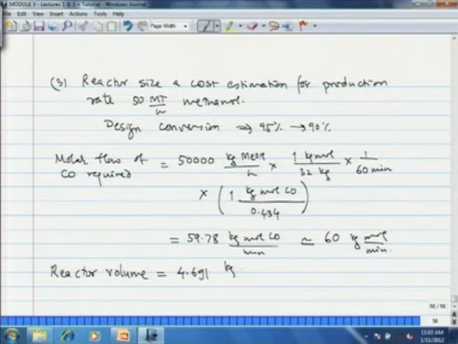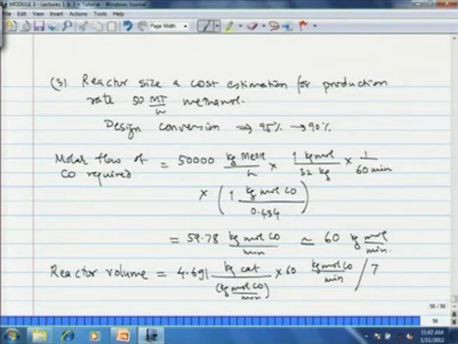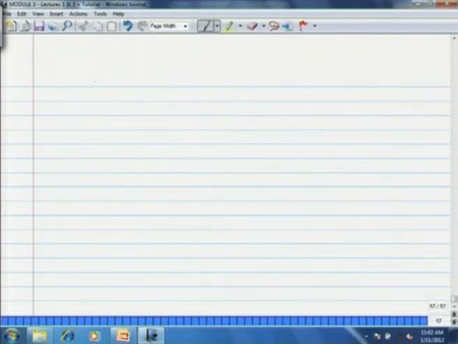That is 4.691 kg catalyst per kg mole CO per minute into 60 kg mole CO per minute divided by 700 kg catalyst per meter cube reactor volume. Remember, this is not the actual density of the catalyst, it is the packing density of catalyst. So the volume turns out to be approximately 0.4 meter cube reactor volume.